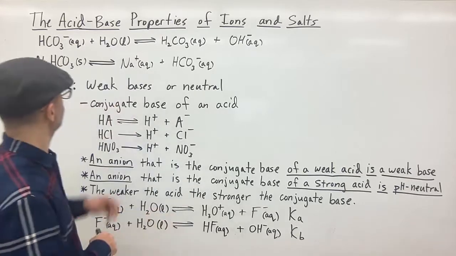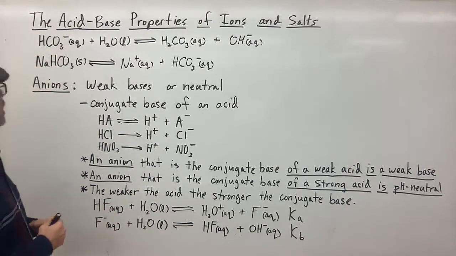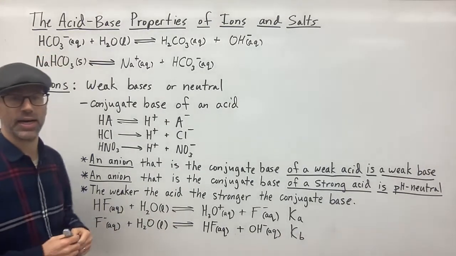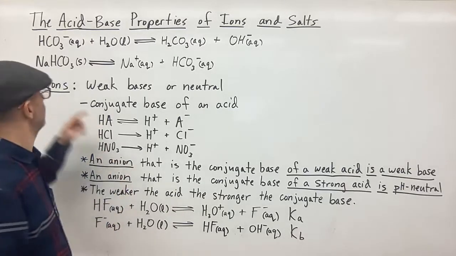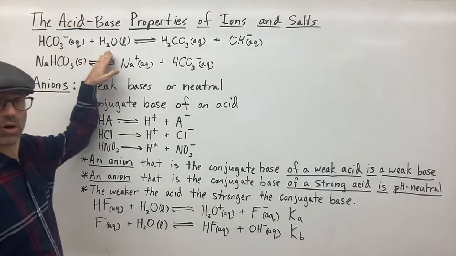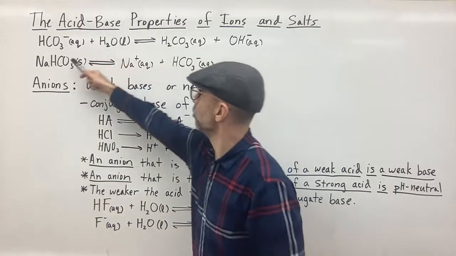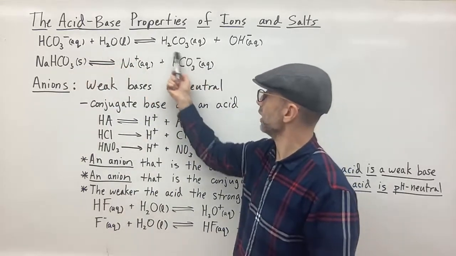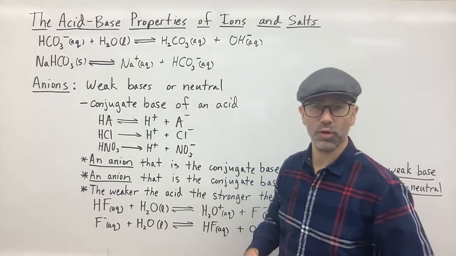So we saw before that HCO3 minus, the bicarbonate ion, is a base in water. The HCO3 minus will react with water, take a hydrogen from water and reform your carbonic acid, and you've got your OH minus left over.